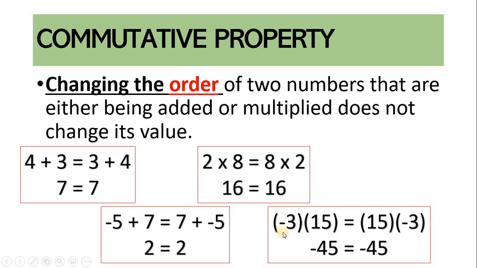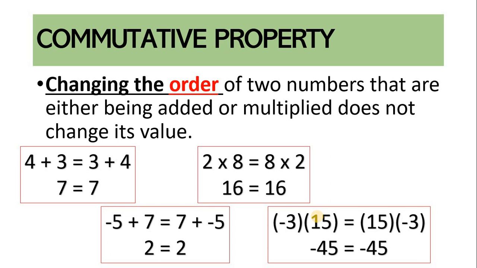Take note na kapag nakakita tayo ng parenthesis, ang operation na ini-imply nito ay multiplication. Okay? And for multiplication of integers, when we multiply same sign integers, the answer will always be a positive number.